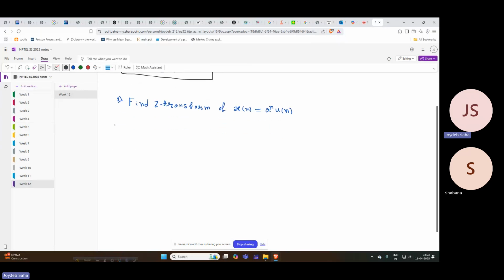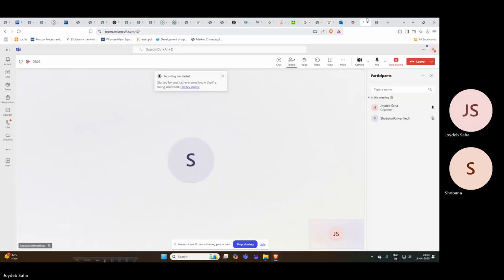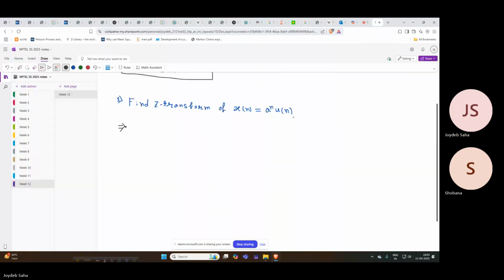So let us try to solve this problem. First, what is the signal? The discrete signal x[n] is equal to a to the power n u[n]. So we need to find the Z transform of this.